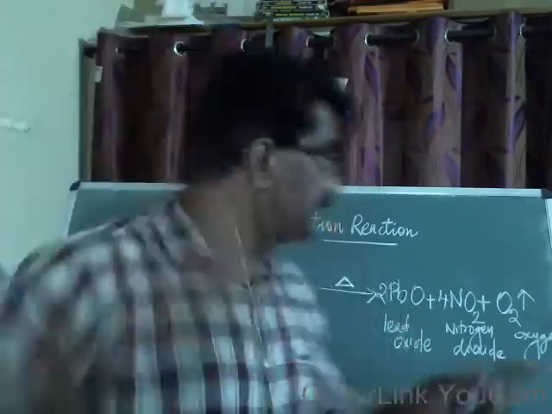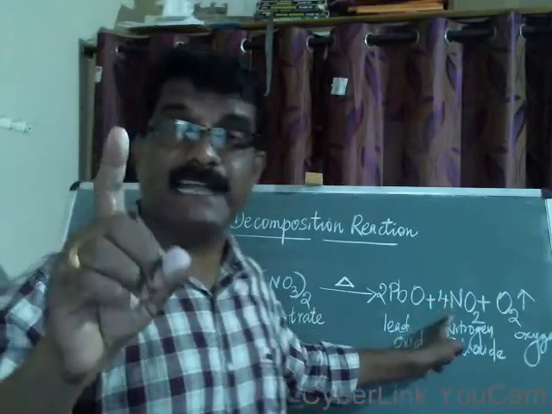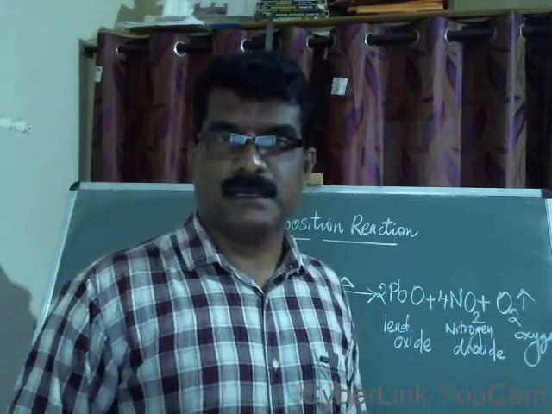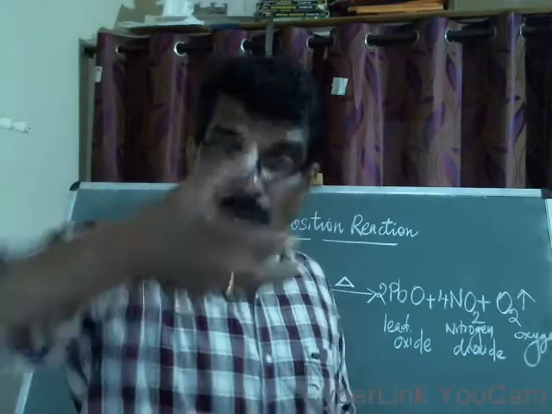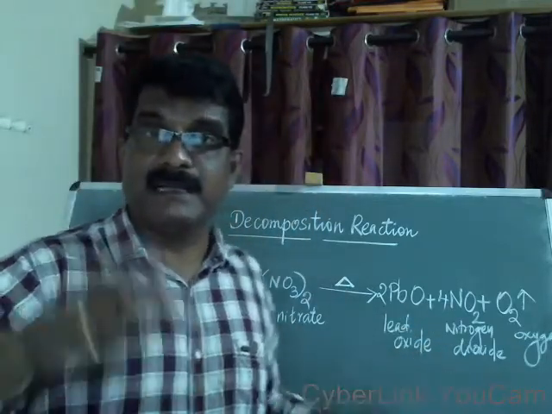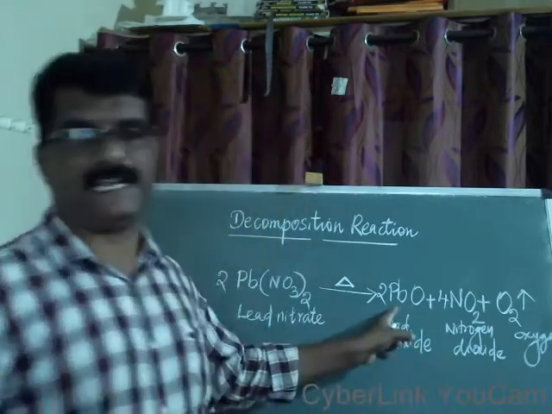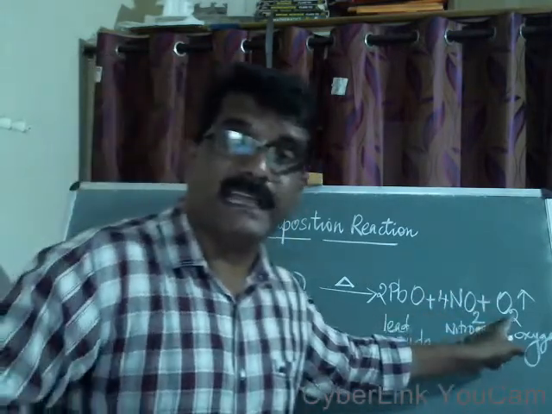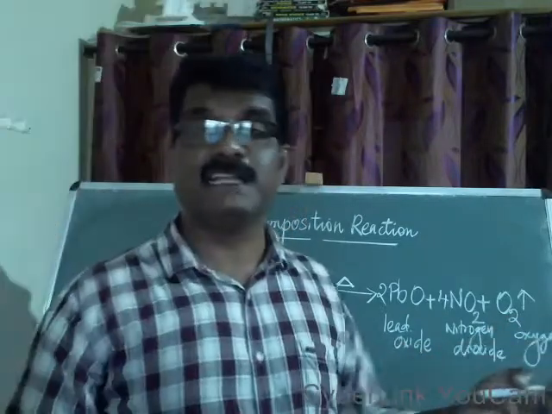That brown gas is nothing but nitrogen dioxide. Along with nitrogen dioxide, you can see a powder remaining in the tube, that is lead oxide. And another gas is coming out, that is oxygen.